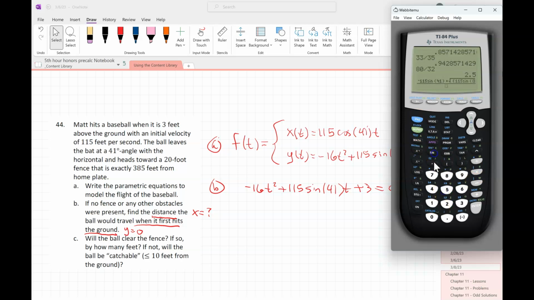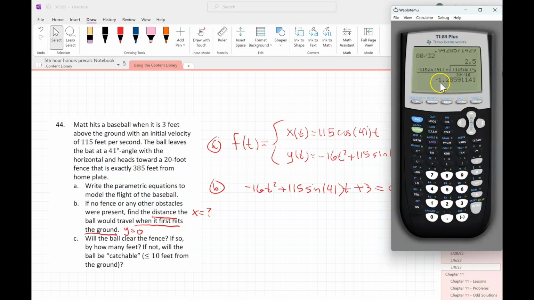I have to make sure that I put a parenthesis around my entire b before I square it, or else it's just going to square the sine 41 part and not the 115 part, and that'll be a problem. Minus 4 times a times c all over 2 times a.